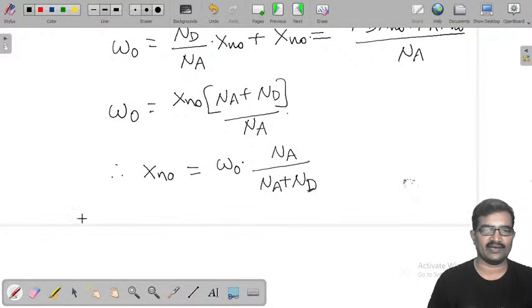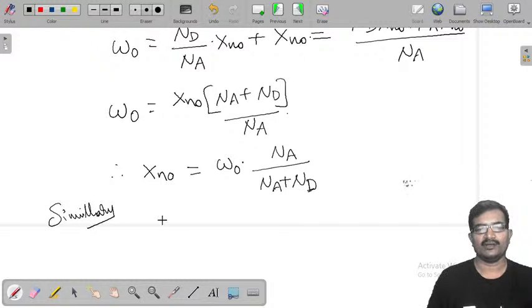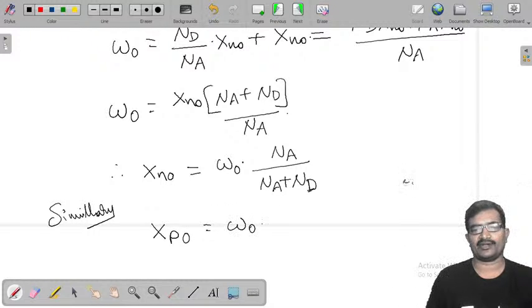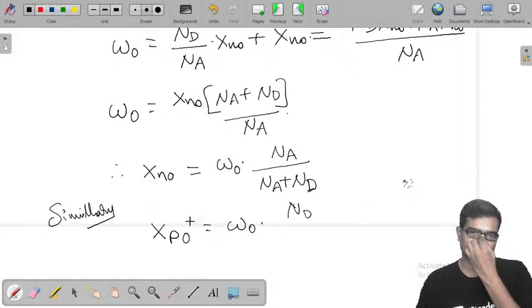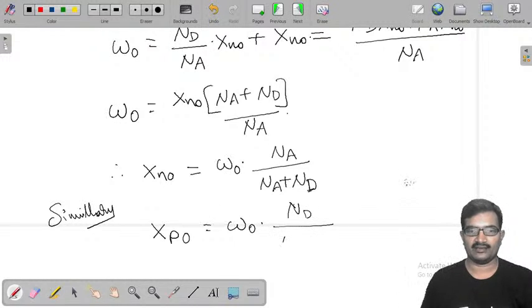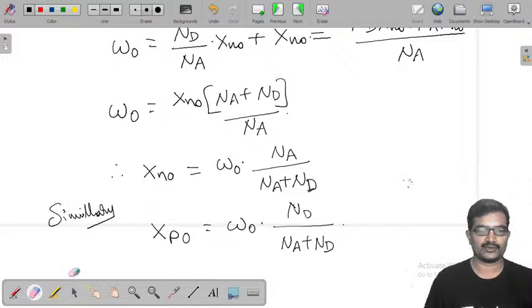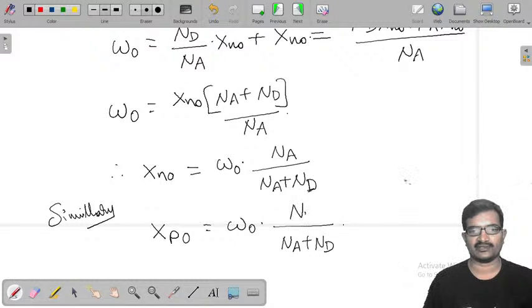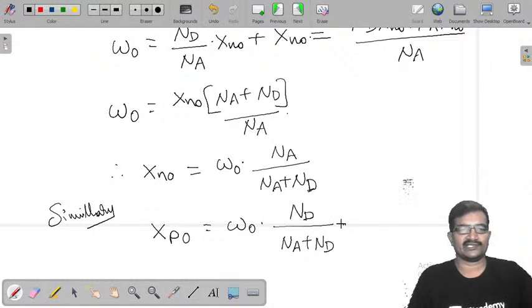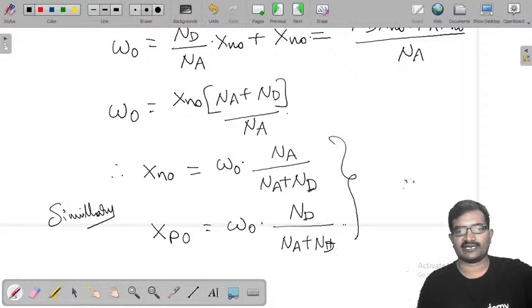Similarly, you get xp naught: xp naught is W naught into the opposite side doping Nd by Na plus Nd. So these are the two important equations. There is a chance of getting problems on this. Okay sir, so these are the values of xp naught and xn naught.